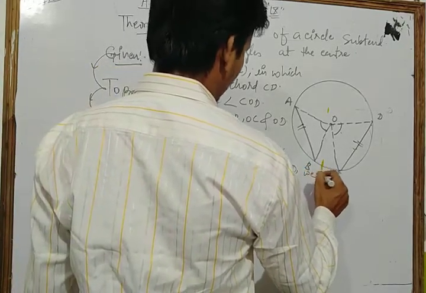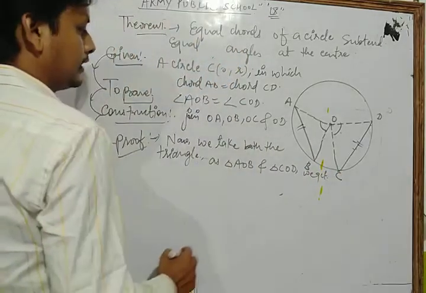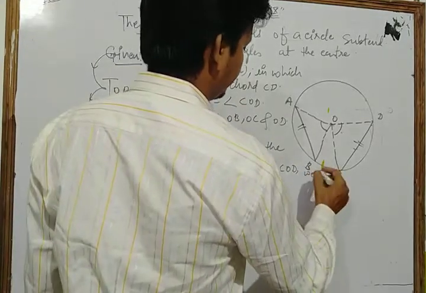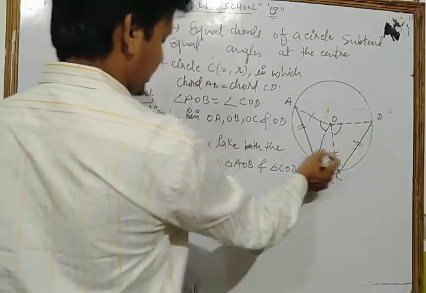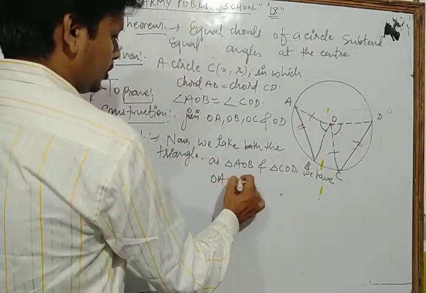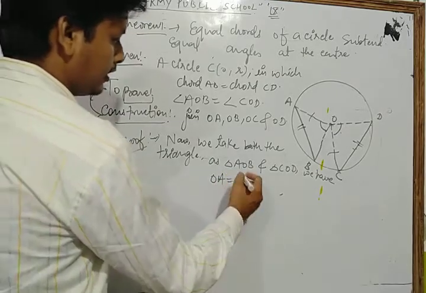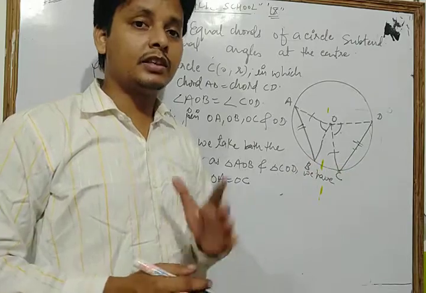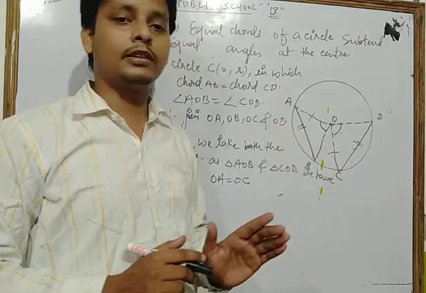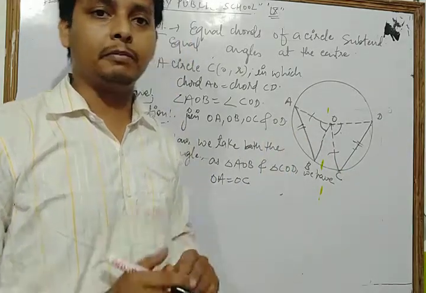We have OA is equal to OC. Why is OA equal to OC? Because these are radii of the circle, and the radius of any circle always remains the same, constant.